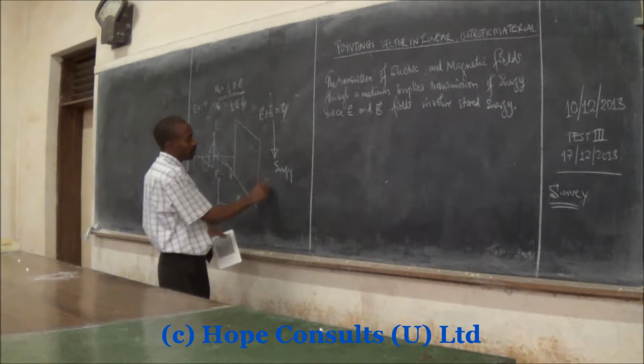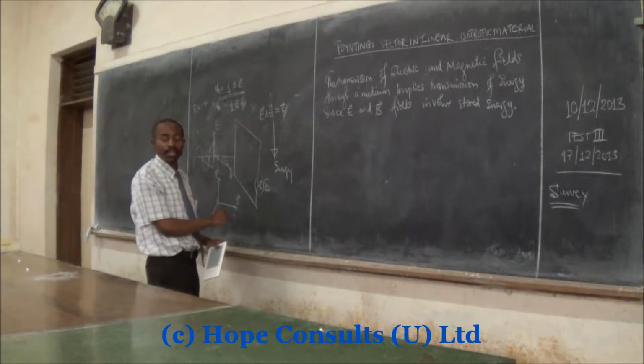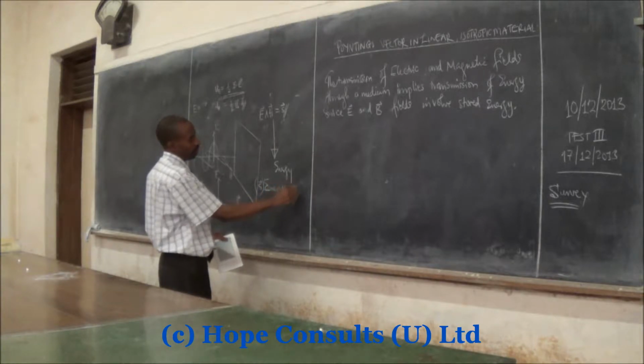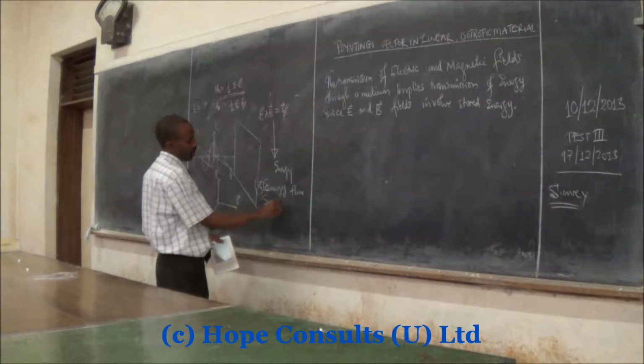And the Poynting vector is the same as energy flux, if you remember, or energy per unit area.